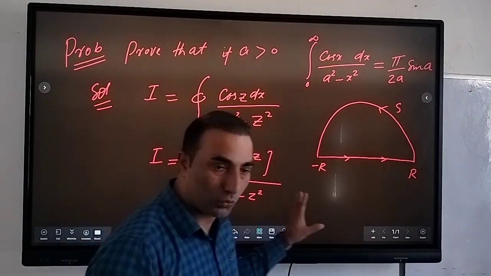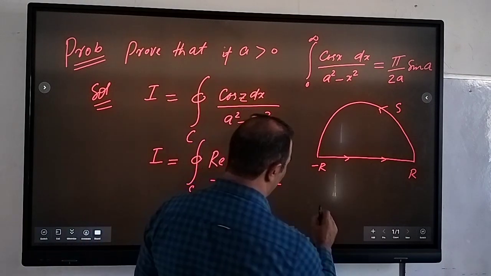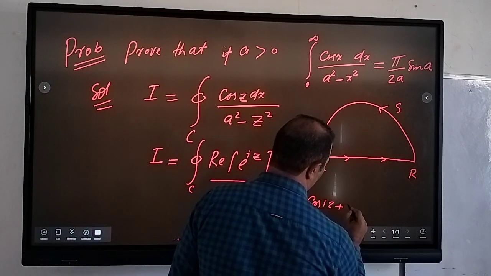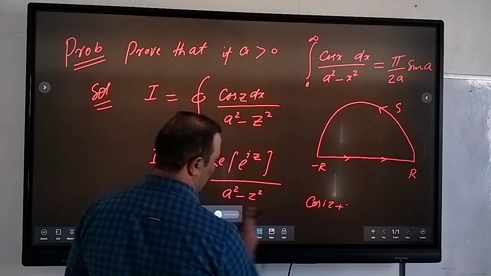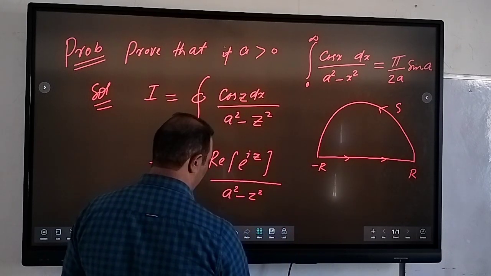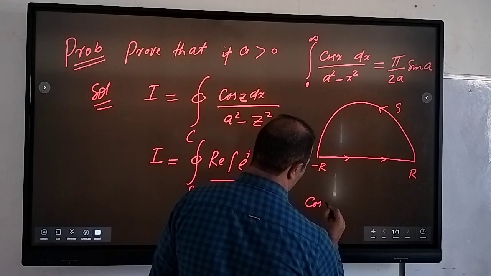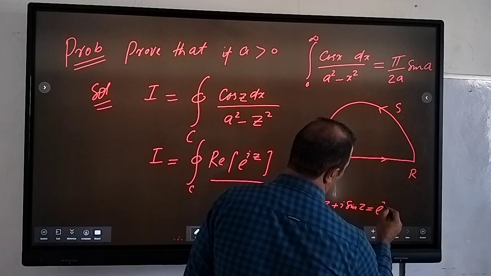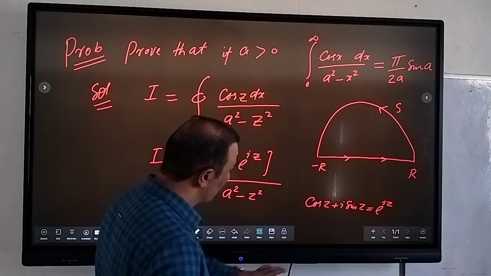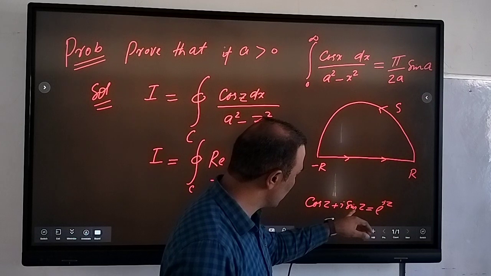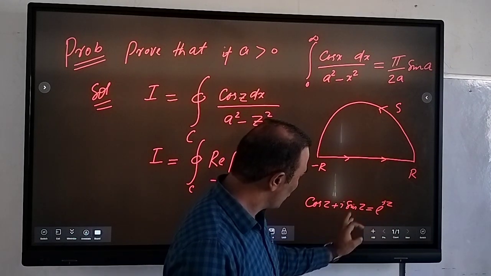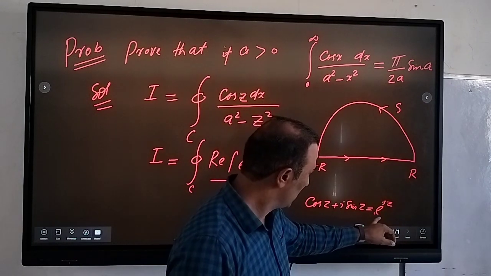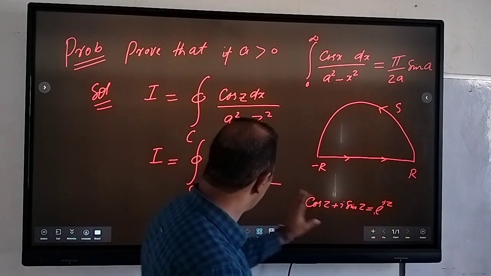It's very clear, because if we expand this term, e power iota z is basically cos z plus iota sin z. So this first term, cosine of z, is the real part of that. So that's clear, and that is what I wrote here.